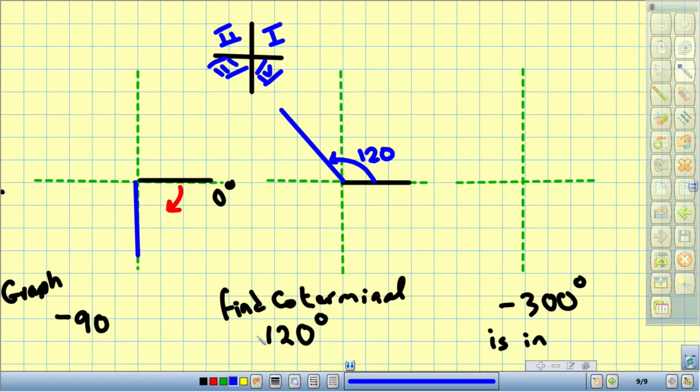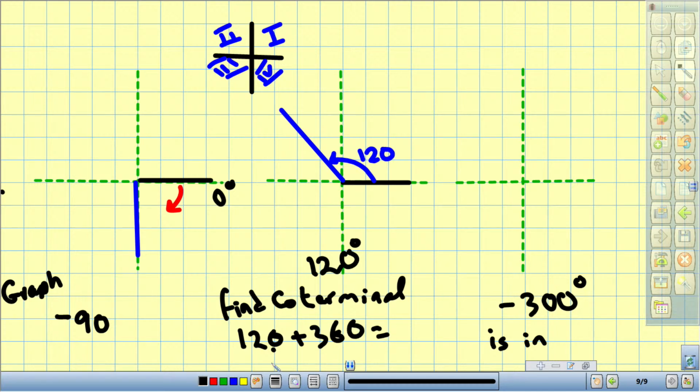Now I need a coterminal. I need a positive roommate for this guy. So what do you think I'm going to do to add what to the 120 to get me the positive coterminal? Add how much to the 120? 360. So 120 plus 360.